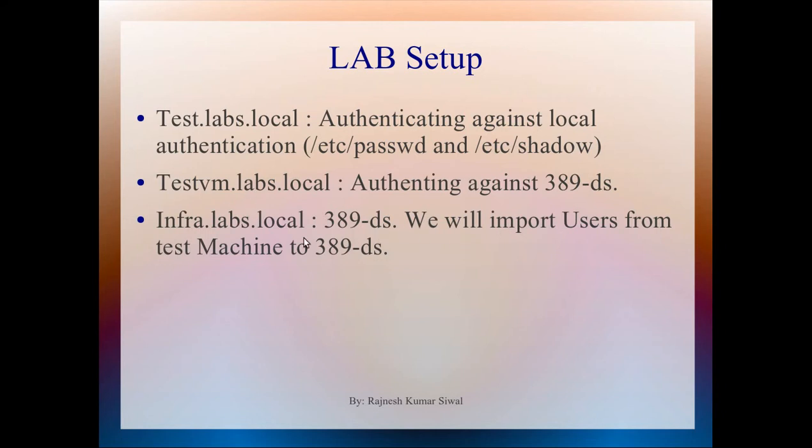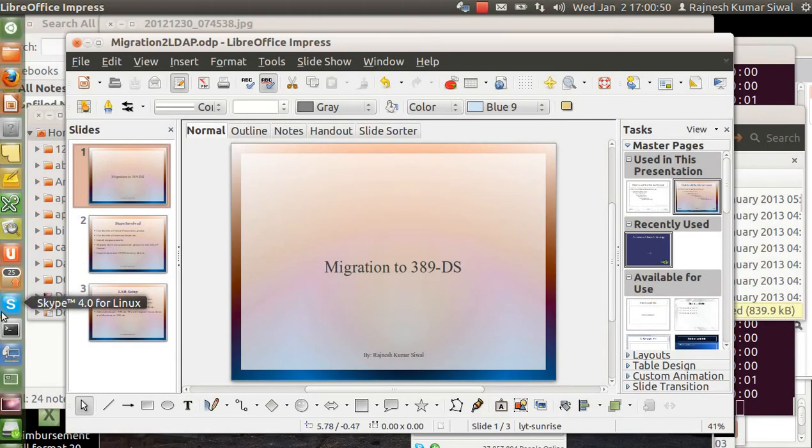After the users have been imported, whichever client machine is authenticating against this directory server will have access to all the host mappings, passwords and the details of the users that we have imported into the 389 directory server. Okay, let's move on to the lab now.